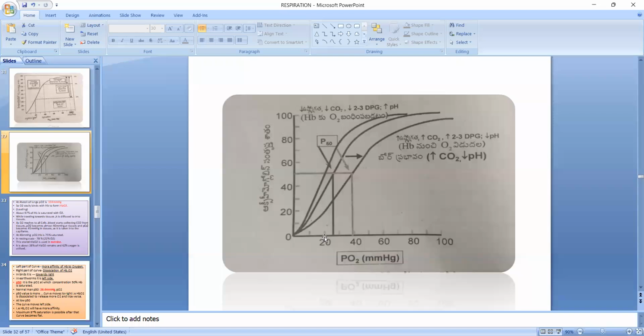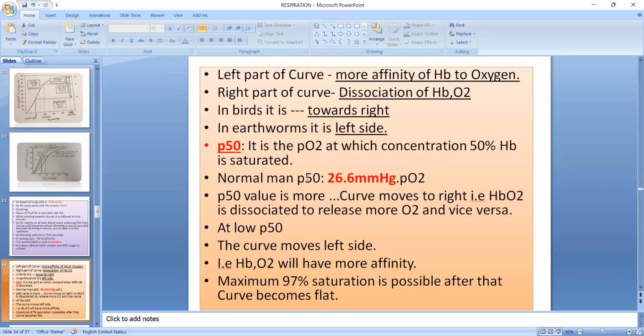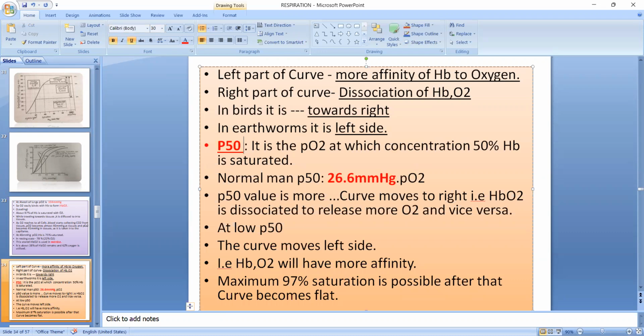If P50 value అంటే ఇది తక్కువ ఉంది అంటే అసోసియేషన్ ఎక్కువ. ఓకే, ఇది ఎక్కువ ఉందంటే అసోసియేషన్ తక్కువ, మోర్ డిసోసియేషన్ అనేది అర్థం. సో దిస్ ఈజ్ ఆల్సో వన్ ఆఫ్ ది మెజర్ ఫర్ ది అండర్స్టాండింగ్ ఆఫ్ HbO2 association.